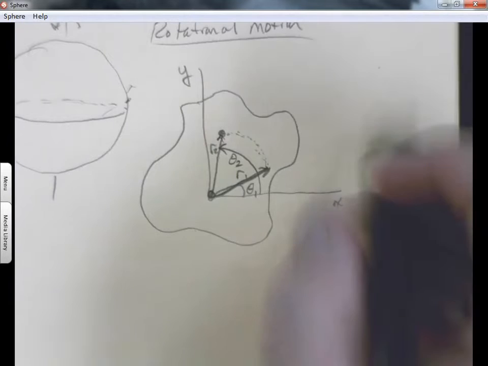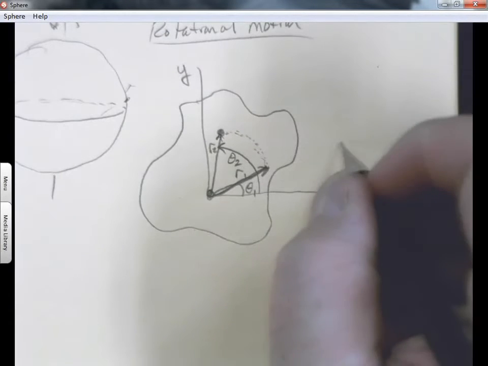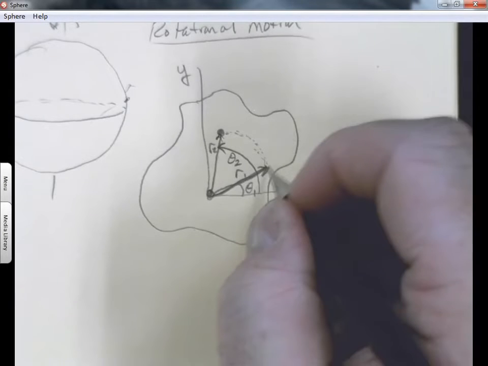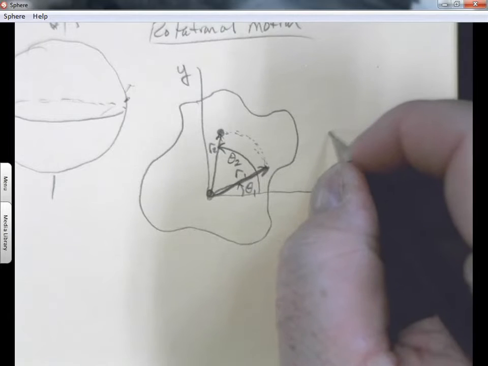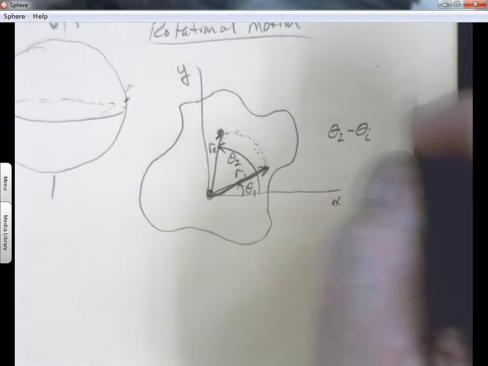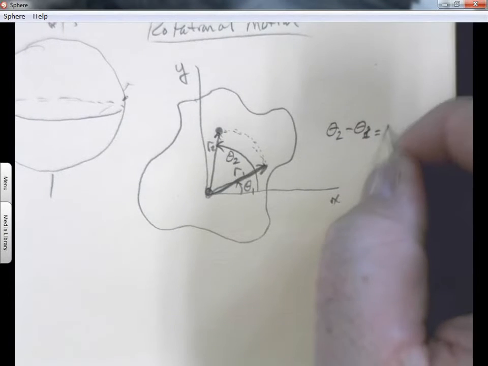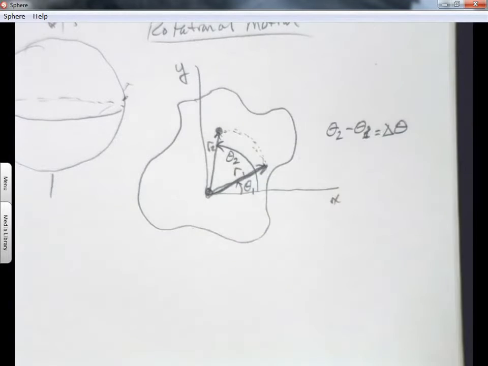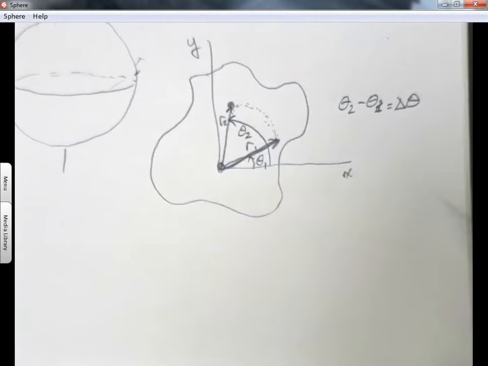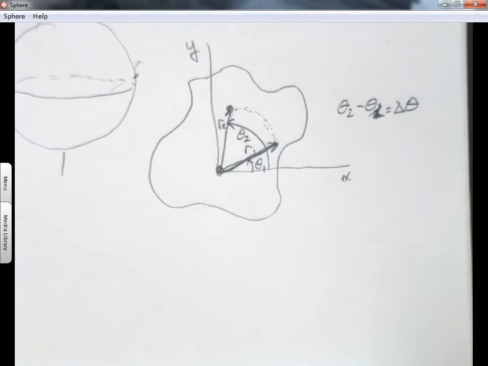Okay, well, if we have theta 1 and theta 2, and we find our change, where it went from this angle all the way to this angle, to find the change in something, we subtract the final minus the initial, and we wind up with our delta theta, because that's always been our definition of change.